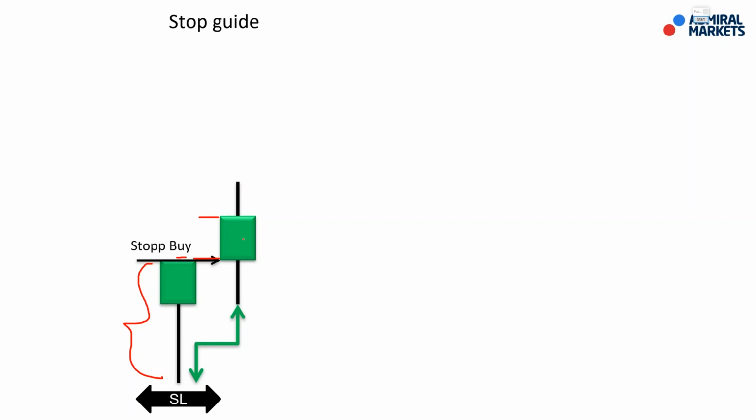So after the period is finished, you put your stop loss below this candle, of course the low of this candle. Not the body of the candle, not the close, but the low of the candle. Here is where your stop is placed. This is really important for this setup.